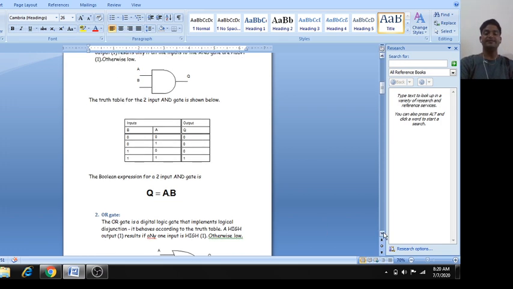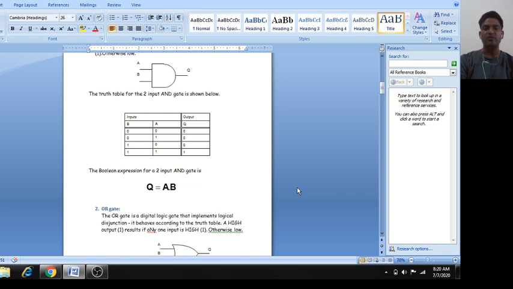Where is it coming from? I think you are already aware of SOP and POS from digital electronics and basic electronics. In this, there is only one minterm, that is 1 1.